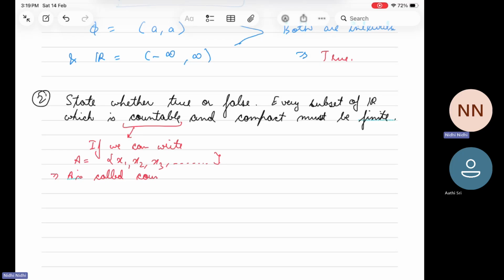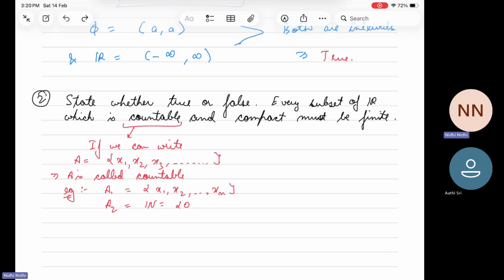And we all know some basic examples of countable sets. Firstly, a finite set, if it has some finite number of elements, a finite set is always countable. We also have infinite countable sets. For example, the set of natural numbers.